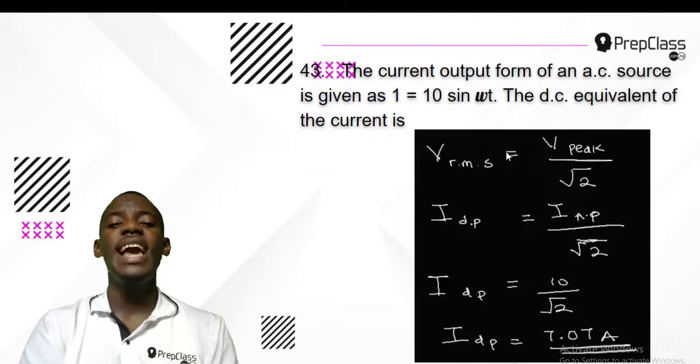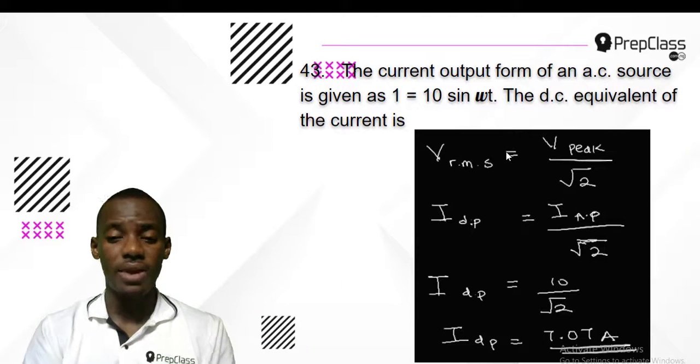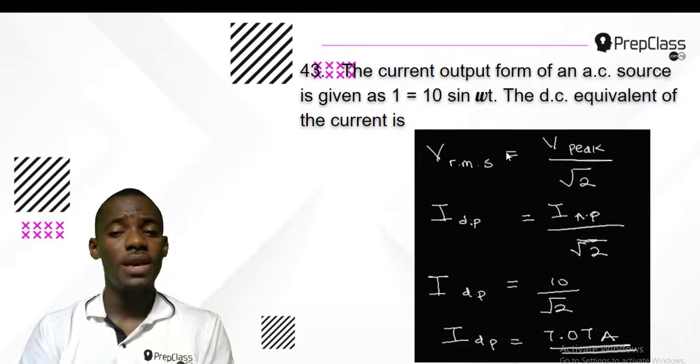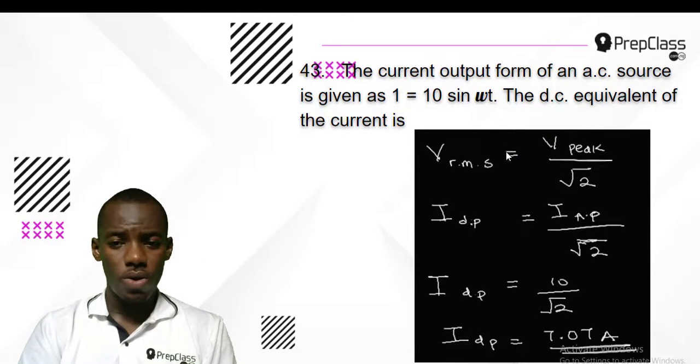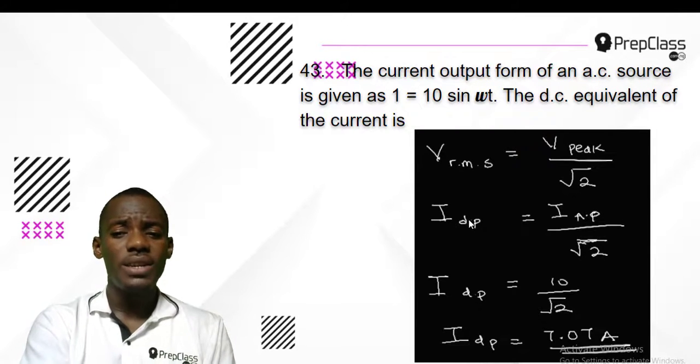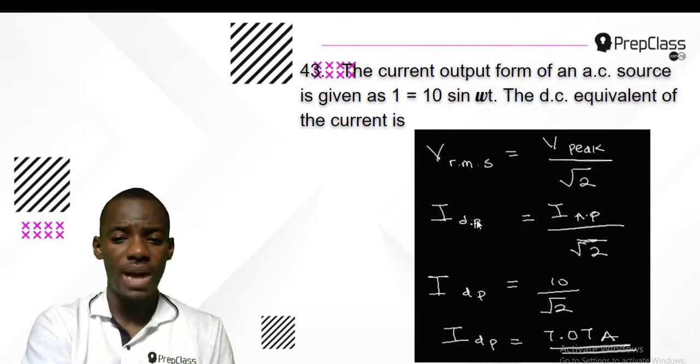Now don't forget that in the AC topic, when we're taught AC circuits, we're taught that V RMS equals V peak over root 2. The V RMS represents the voltage of the DC, not DP. It's DC.